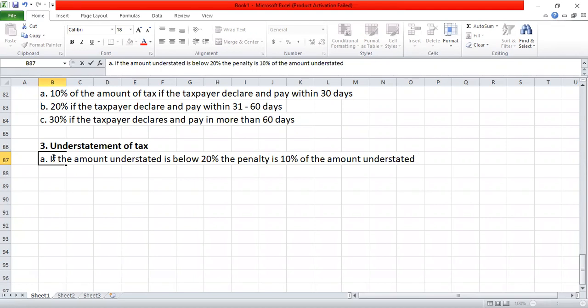If the amount understated is below 20%, the penalty will be 10% of the amount understated.